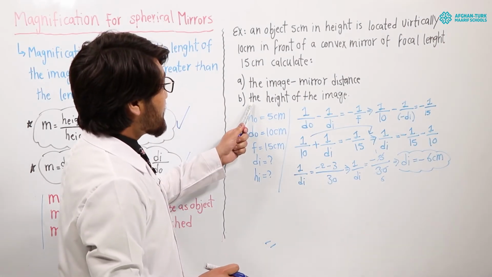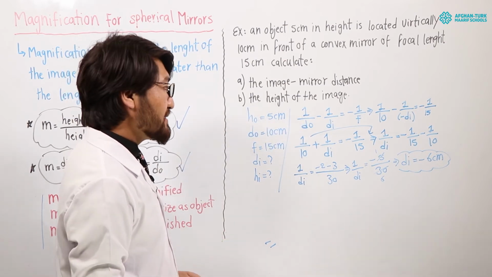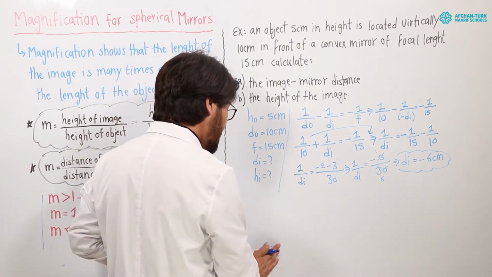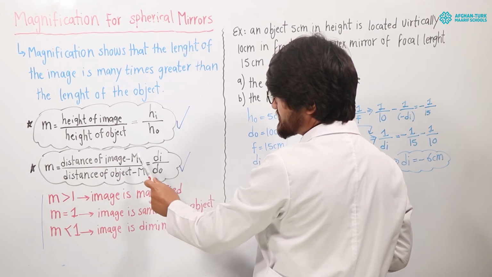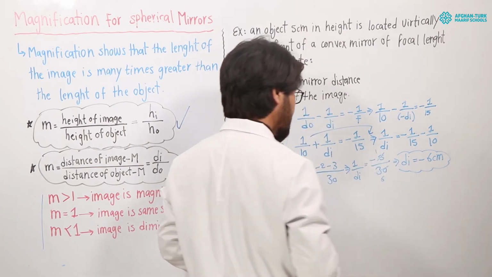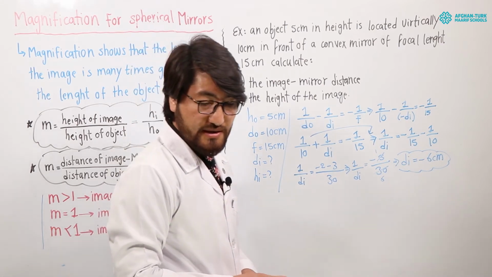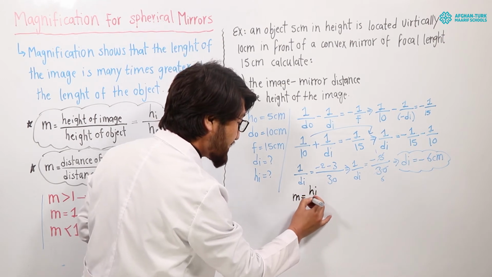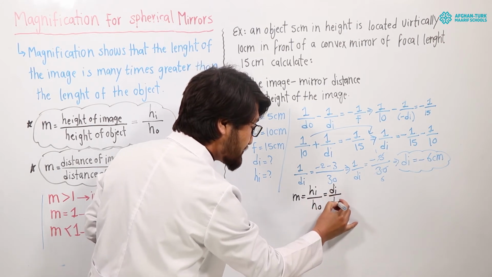Now, the question says calculate the height of the image. How to find the height of the image? We have a formula for magnification. Magnification is equal to DI over DO, and also magnification is equal to HI over HO. Use this formula. Magnification is equal to HI over HO is equal to DI over DO.